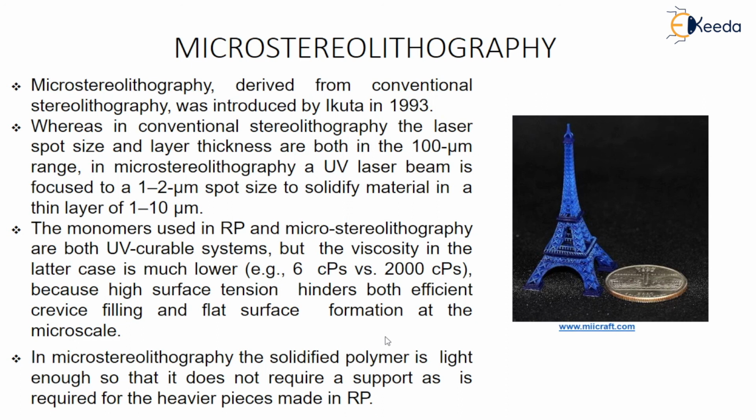Because the high surface tension hinders both efficient filling and flat surface formation at a micro scale. In microstereolithography, the solidified polymer is light enough so that it does not require a support, as is required for heavier pieces made in RP, as is shown in the figure.